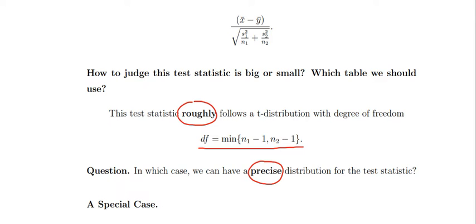If we replace one sigma by S, then the standard normal Z becomes a T distribution, right? But if we replace two sigmas, sigma 1 and sigma 2, by S1 and S2, then we have some trouble.